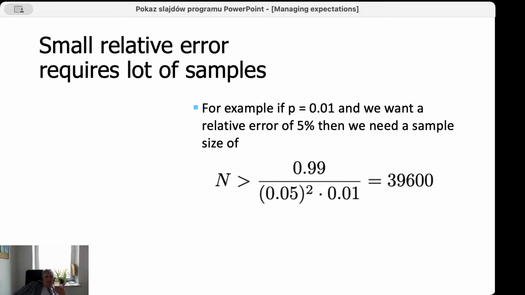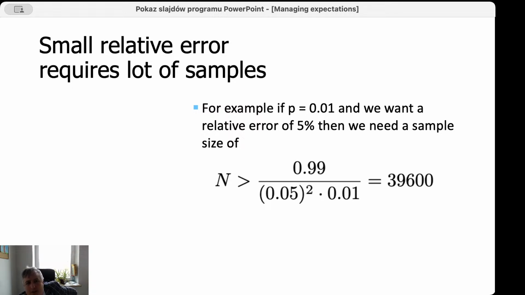And this actually gives us certain information, because it says that, for example, if we want to have a relative error of 5% regarding a certain number, we need to perform the appropriate computation. If we want to ensure that the relative error will be 5% or less, then we need to perform such a computation, and we will get a number of 39,000 samples, which is generally reasonable.